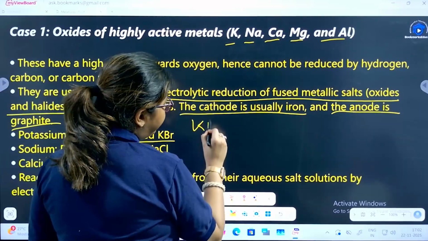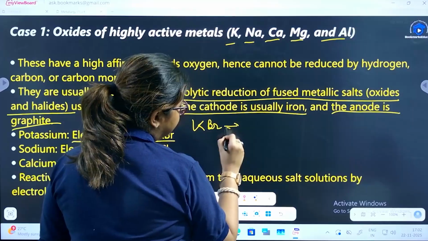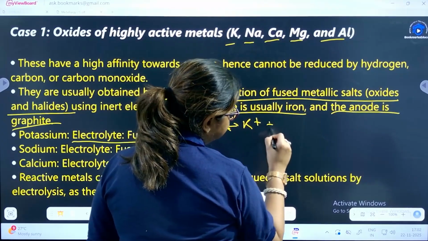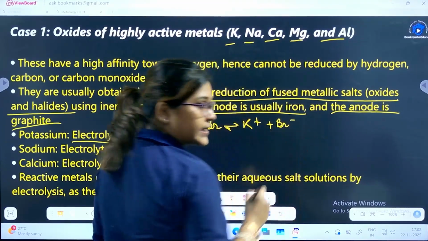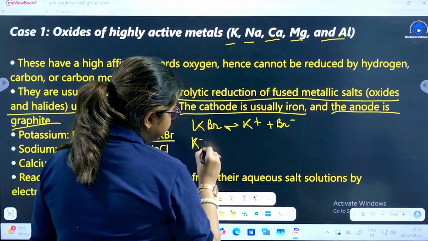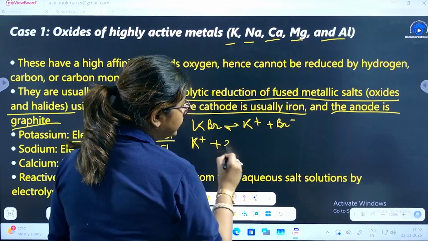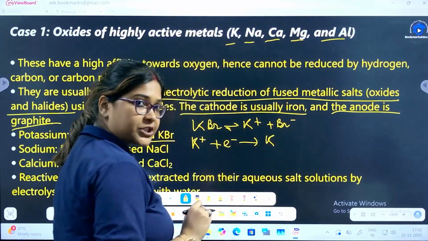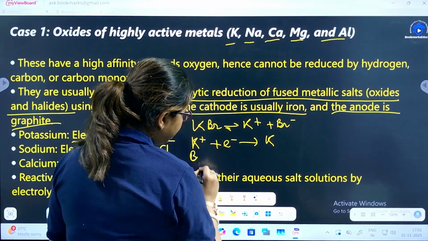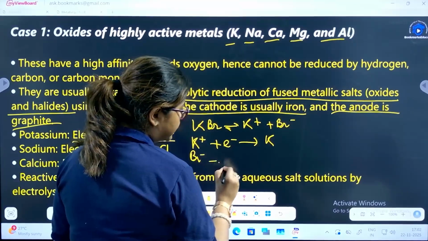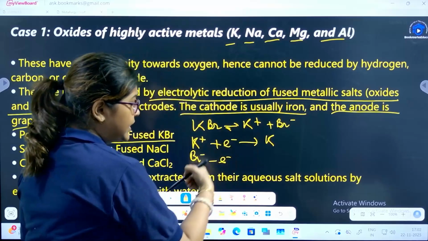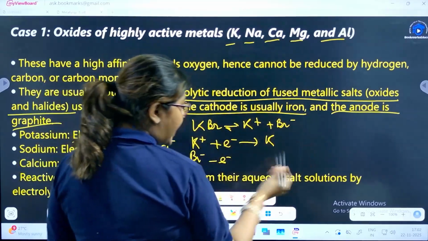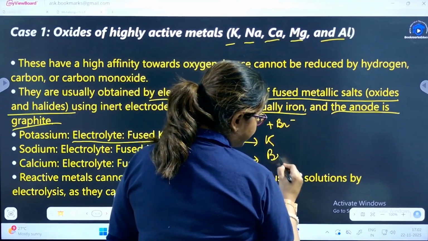Fused potassium bromide gives K+ and Br- ions. The K+, which is a cation, will move to the cathode, take one electron and form potassium metal, and the Br-, which is an anion, will move to the anode and give up one electron to generate bromine.